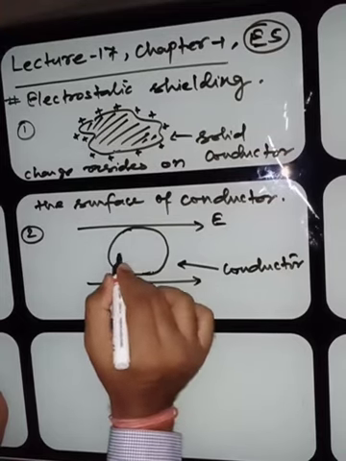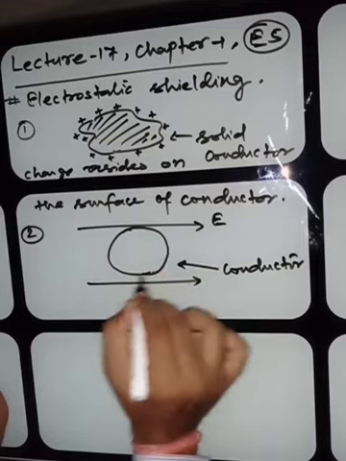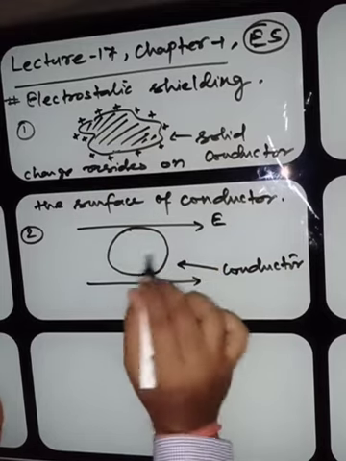This is the direction of the electric field, and the conductor must have some charge.